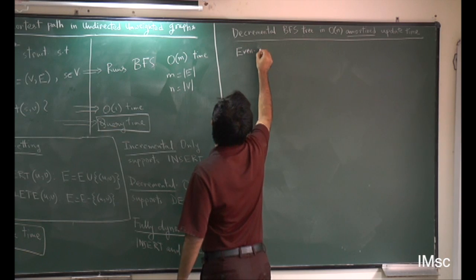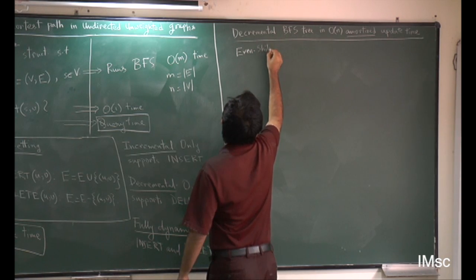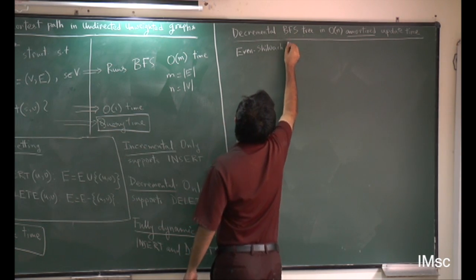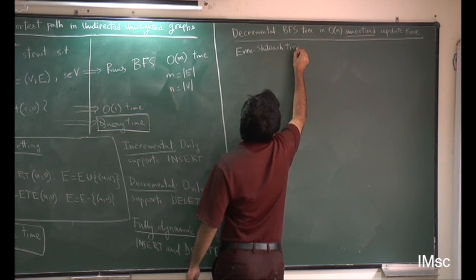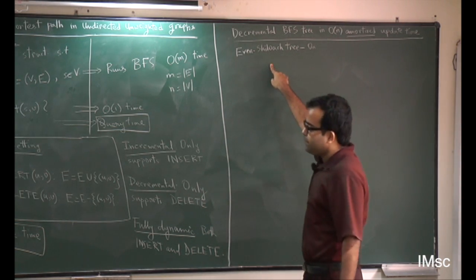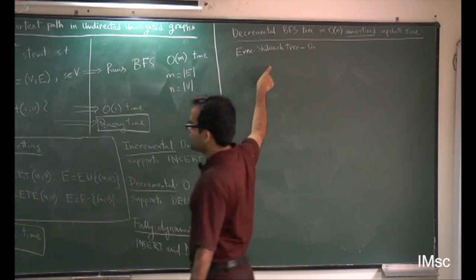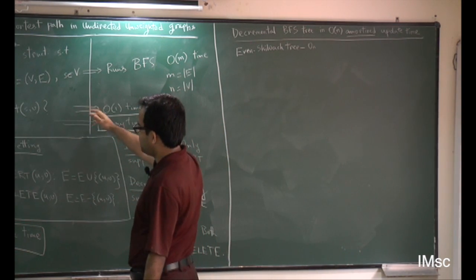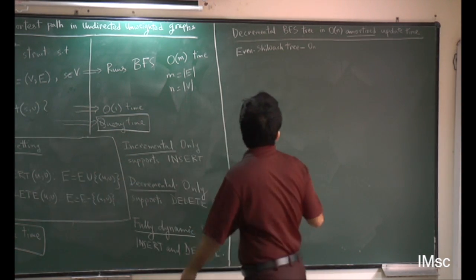This is also known as Even-Shiloach tree, and this is used as a basic primitive in many other papers on dynamic shortest paths.